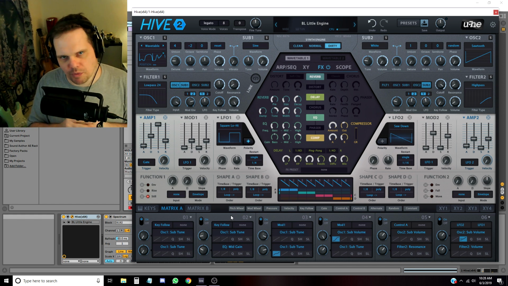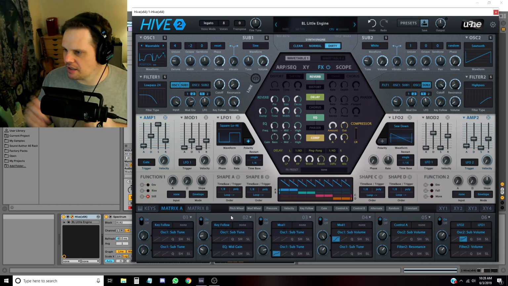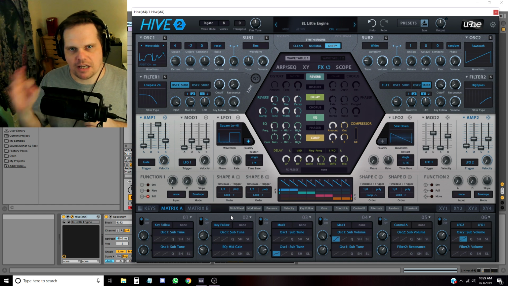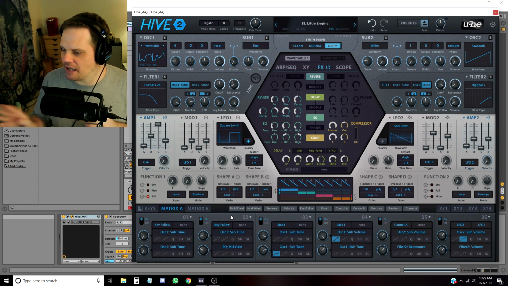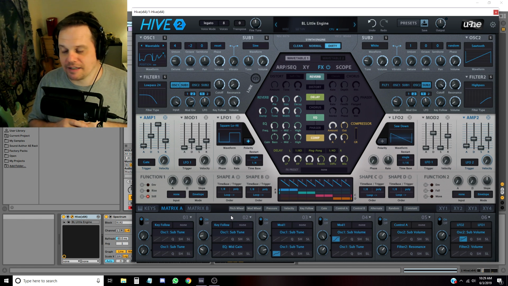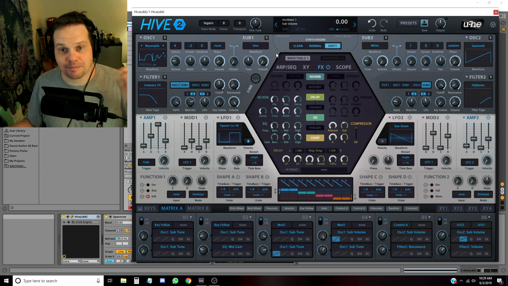Takes up a little bit of room in the mod matrix. Sometimes I wish there was just a way to push a button to de-key track the oscillator, so you didn't have to use up slots in the mod matrix. But oh well, that's how you de-key track an oscillator to make that kick drum stay put.